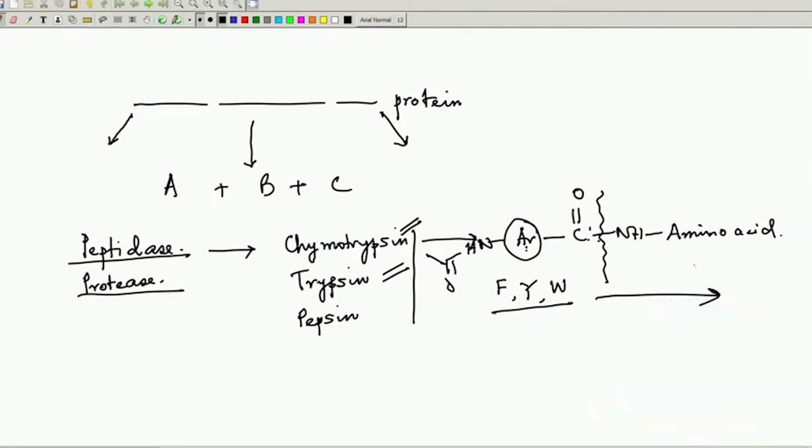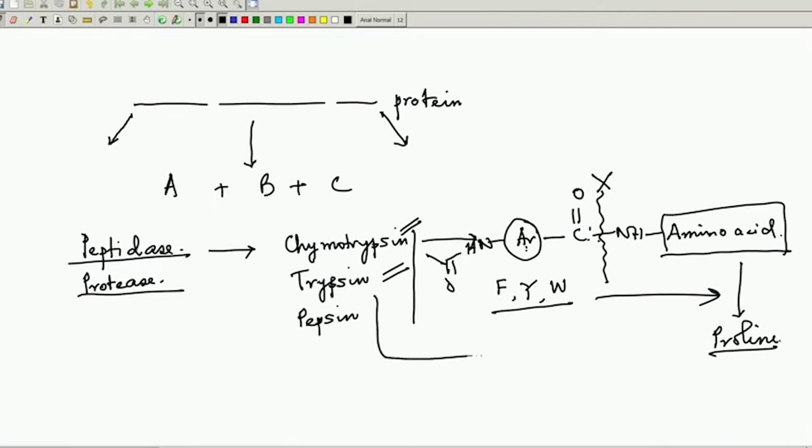One thing you have to remember is that there is one restriction: if the next amino acid connected to the aromatic amino acid happens to be proline, then the hydrolysis cannot take place. What about trypsin? Trypsin hydrolyzes very similarly, but it only recognizes highly basic amino acids like lysine and arginine.